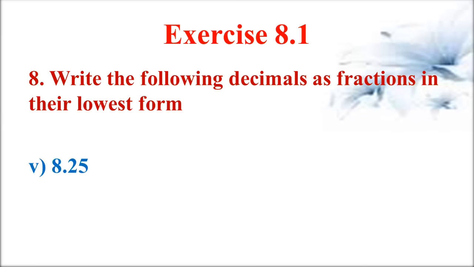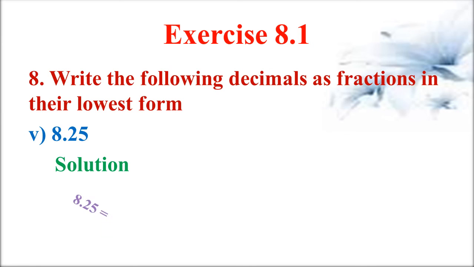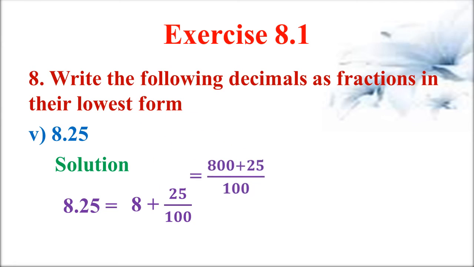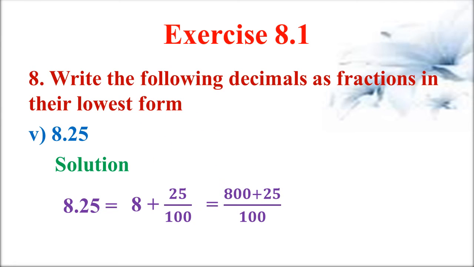Write the following decimals as fraction in their lowest form, 8.25. Now we want to find the answer. It is 8.25. Here the decimal part is 2 digits. So 8 is a whole number plus 25 divided by 100. So now we multiply the whole number by the denominator, then add the numerator. So 8 into 100, 800, plus 25 divided by 100.